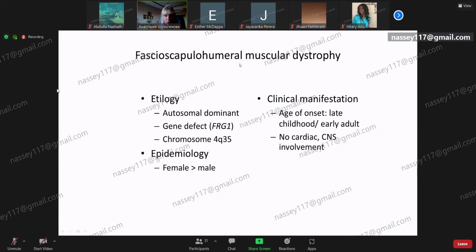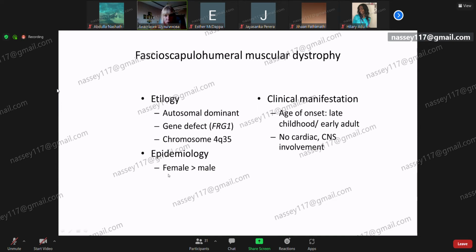By the name muscular dystrophies, I hope you understood that this involves the face, neck, and upper part of the shoulder. Etiology: autosomal dominant, defect in the gene FLG1 and defect in chromosome 4q35.